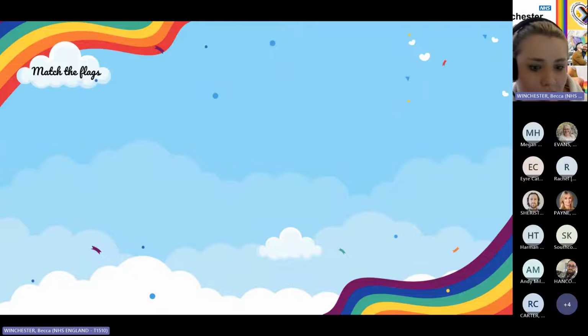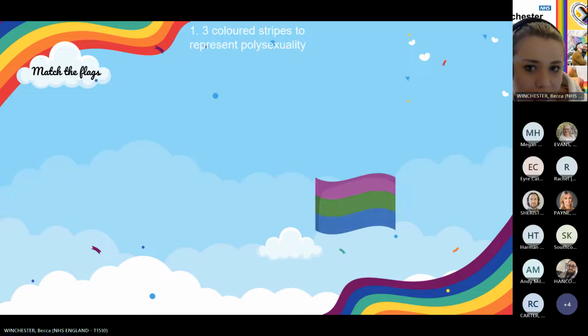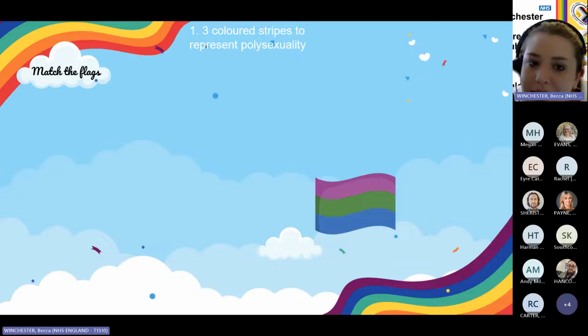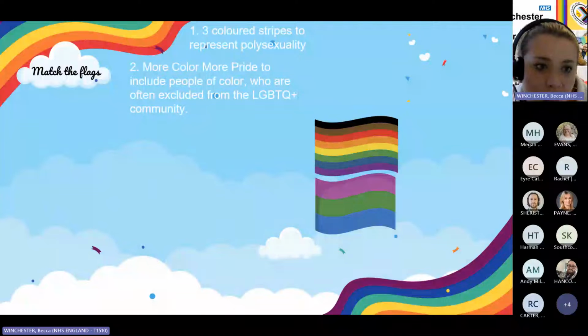So we're going to mark those now. Statement number 1 matches flag number 5. So that's 3 coloured stripes to represent polysexuality. Next up, we have statement number 2, which goes with flag number 3, which is the more colour, more pride flag.